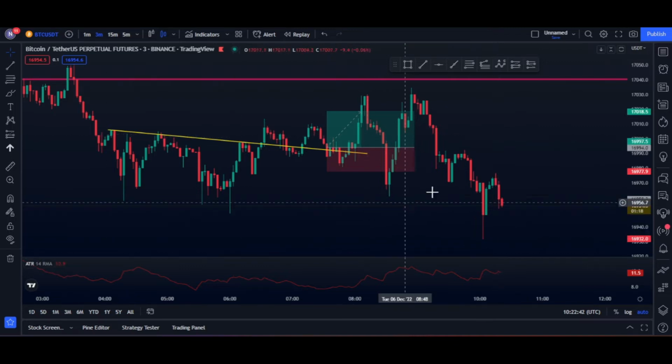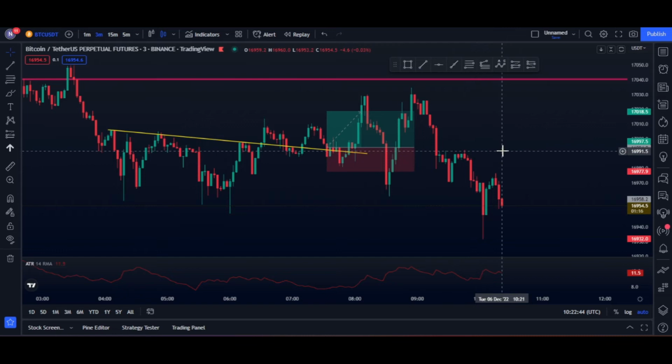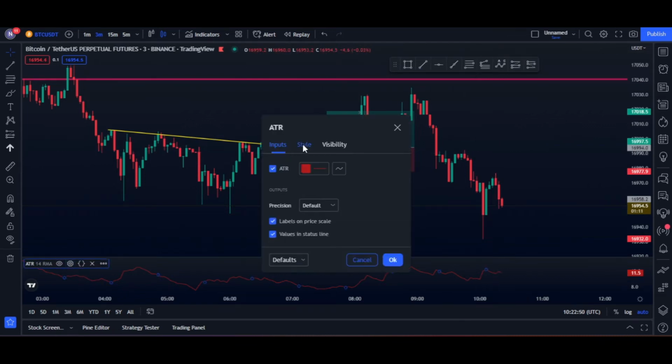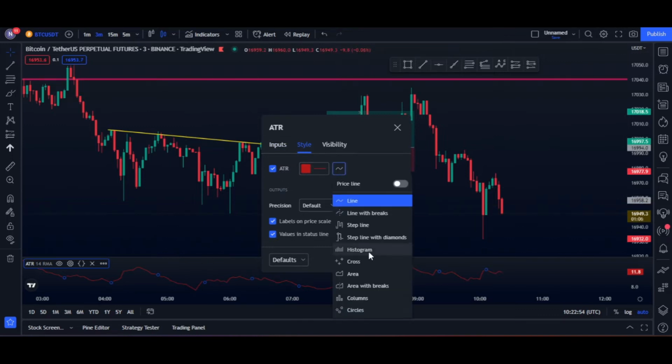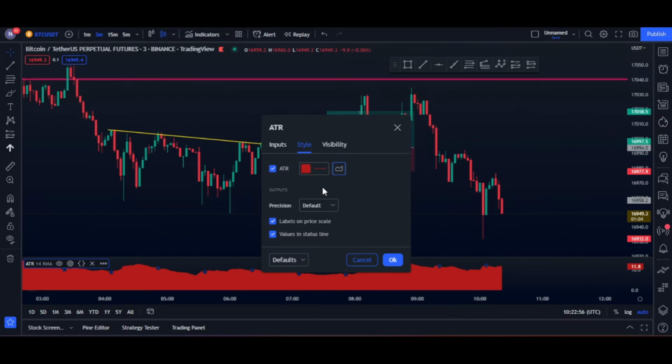Now before we talk about how you can place a position and calculate your stop loss, I would recommend to change the style so that it will not be confusing. But if you're fine with how your ATR indicator shows in your TradingView account, it's fine. You don't need to change this.